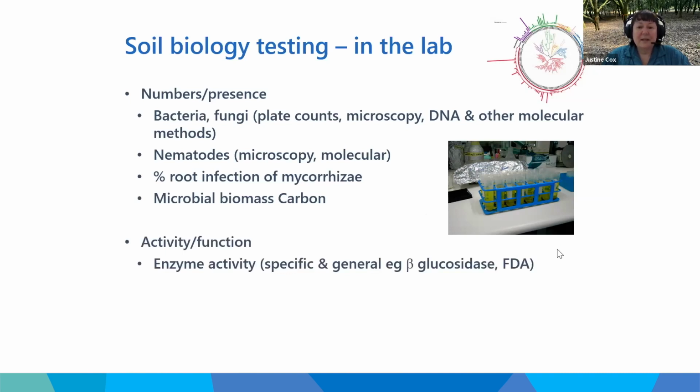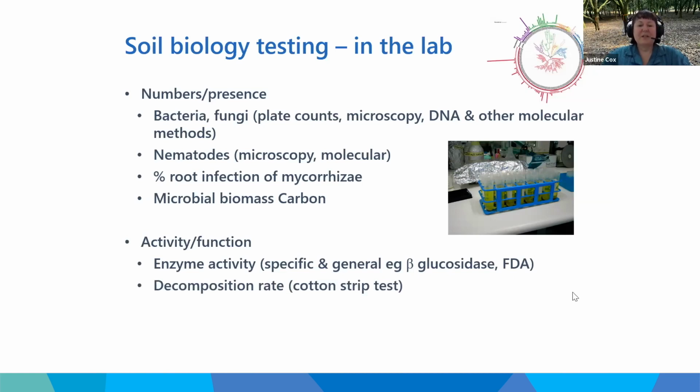And there's quite a range of things to look at activity and function. So looking at the enzymes themselves, which is actually the conversion from organic to inorganic. They can be very specific, like a single enzyme transformation, or general. If we look at beta glucosidase, it just looks at the glucose conversion. But there's this test called fluorescein diacetate, which looks at general decomposition.